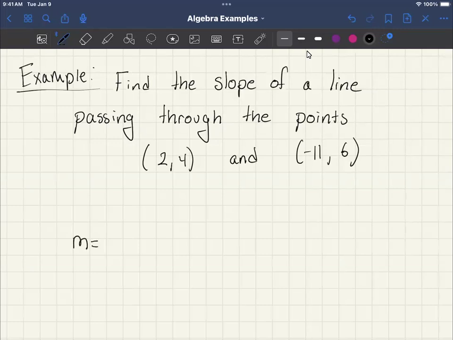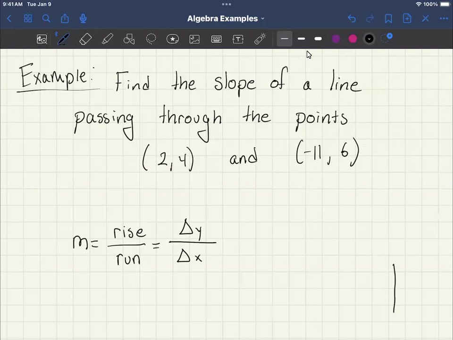The slope is always the rise over the run. I'm going to go through all the things that you probably don't need to write down, but you should know. The rise is the change in y, and a lot of times we use this little triangle, a Greek delta, to mean change, over the run, which is the distance on the x-axis.